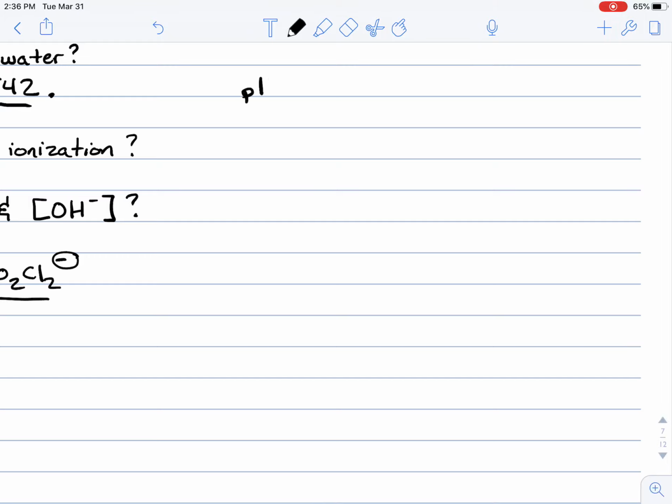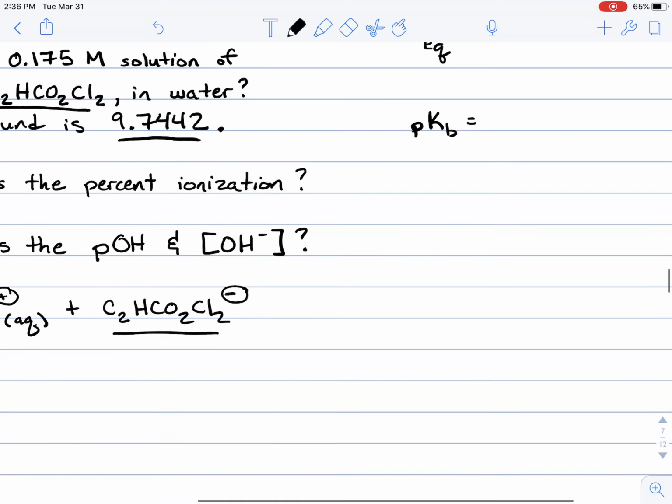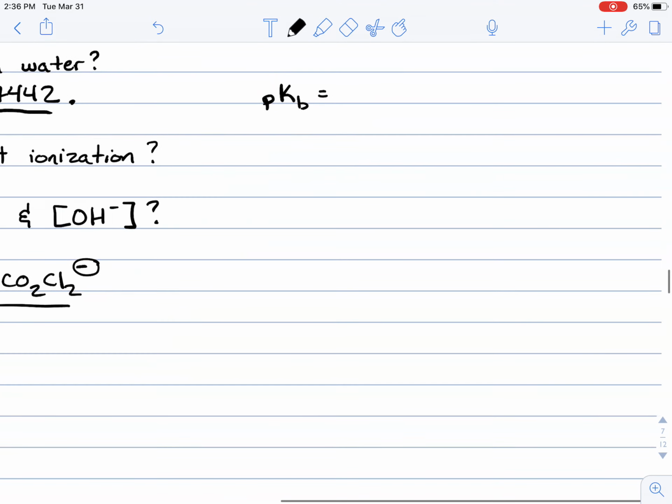Since the value for pKb is 9.7442, we can determine the Kb by using one of the formulas that we covered a couple weeks ago.